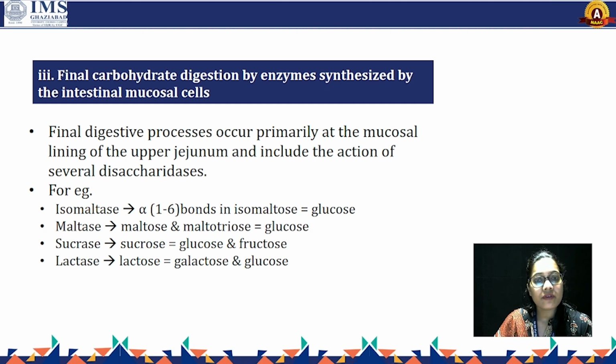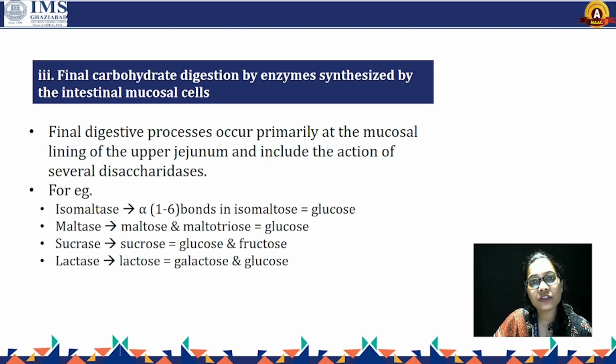For example, the isomaltase enzyme present in the intestinal villi breaks down the alpha 1,6 bonds present in isomaltose and converts it into glucose molecules. Suppose we have taken lactose in the diet: to digest it, the lactase enzyme present in the intestinal villi acts on lactose, hydrolyzes the bond, and gives 1 unit of galactose and 1 unit of glucose.